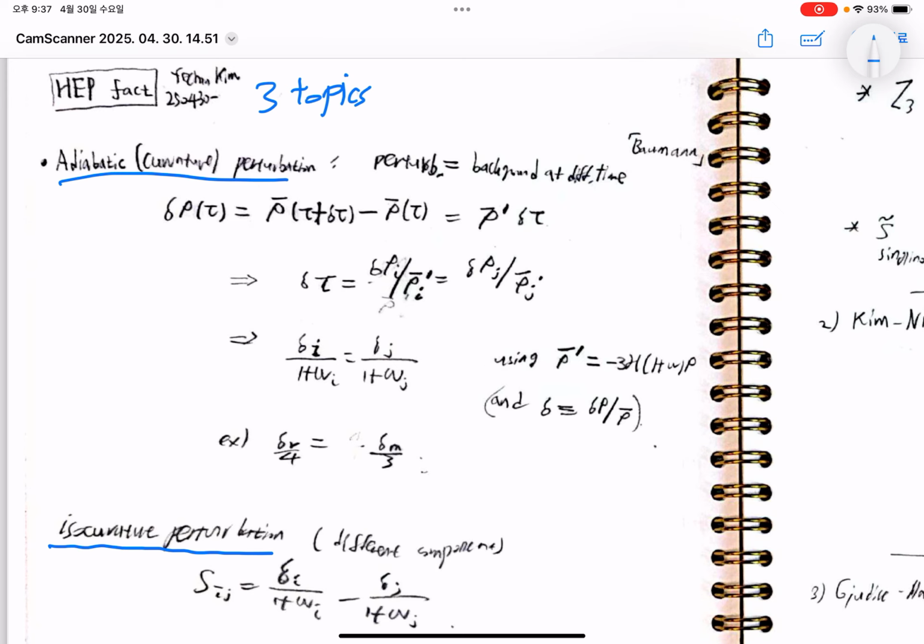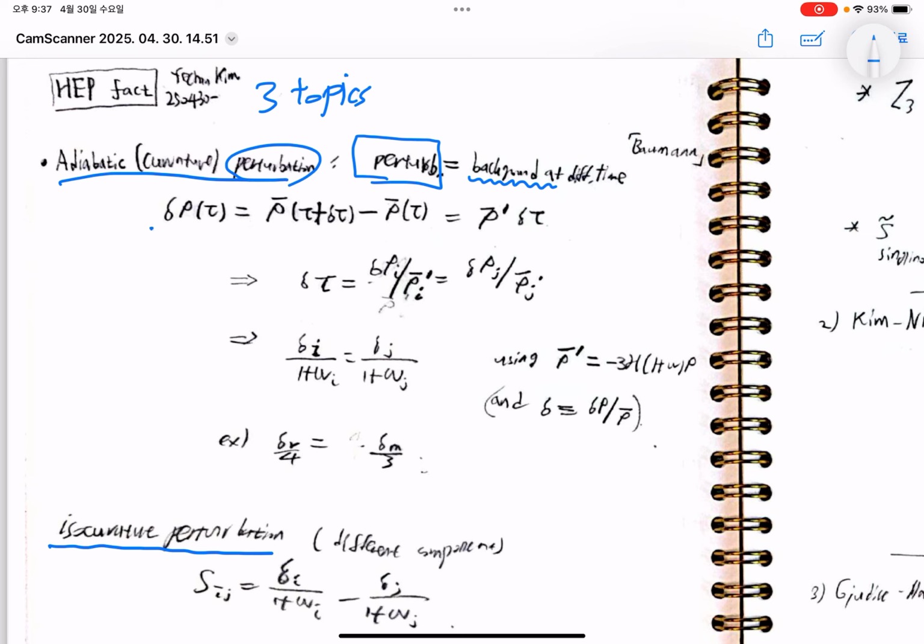the cosmology. Such density perturbations are one of the topics in cosmology to describe the inhomogeneities of the universe. In the adiabatic or curvature perturbation, the density perturbation is the same as the background density at a different time.